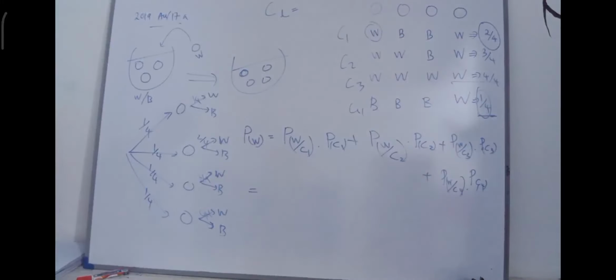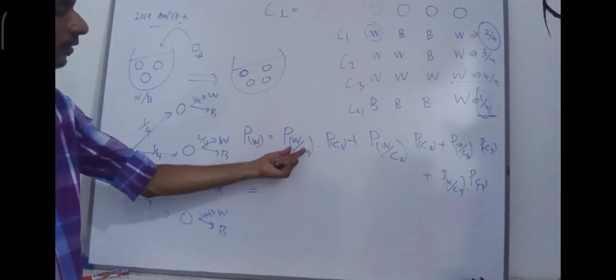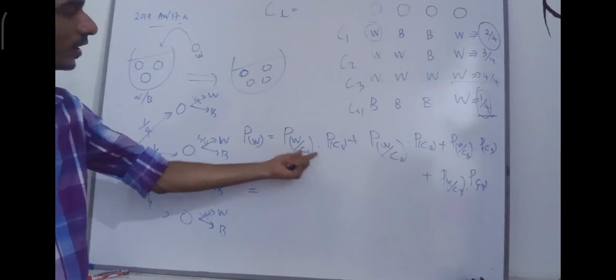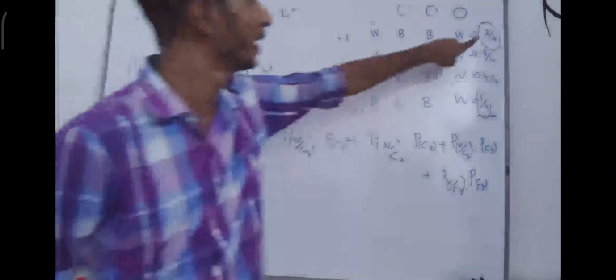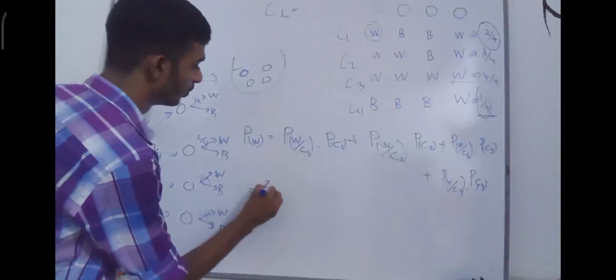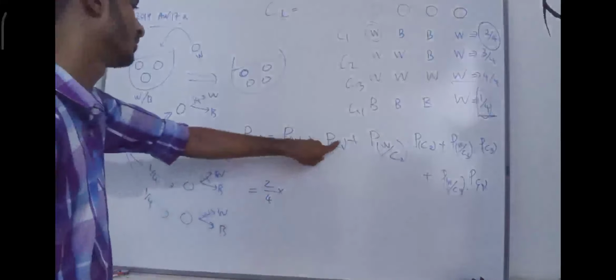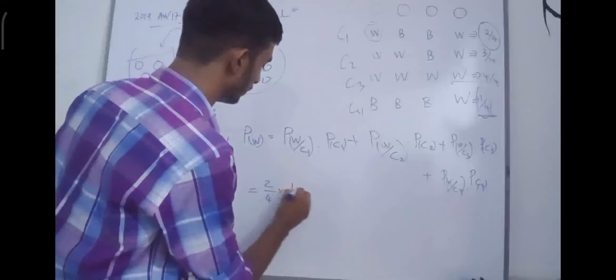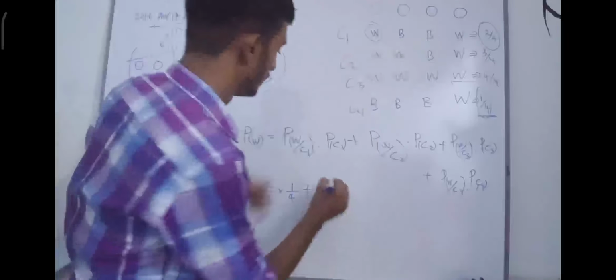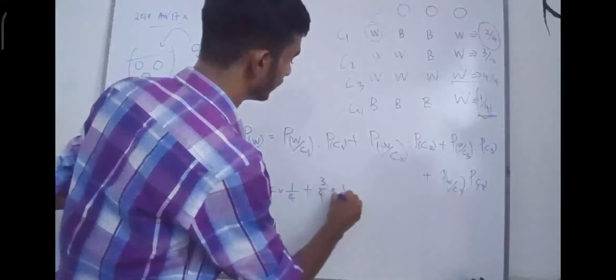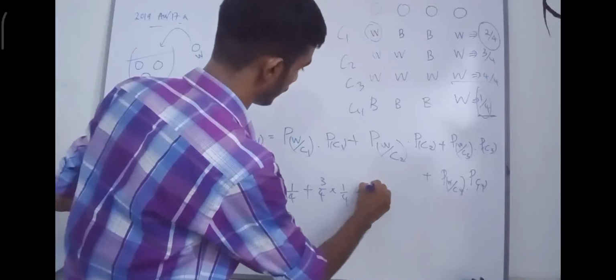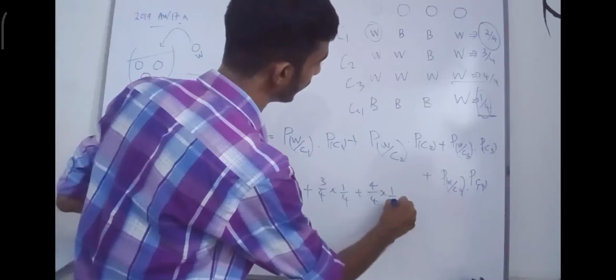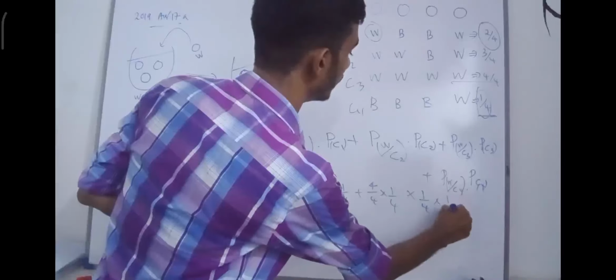Probability of being white when composition 1 is selected, that is 2 by 4, into probability of C1. Composition 1 is, out of the 4, 1 by 4. Plus again 3 by 4 into 1 by 4, plus 4 by 4 into 1 by 4, then again 1 by 4 into 1 by 4.